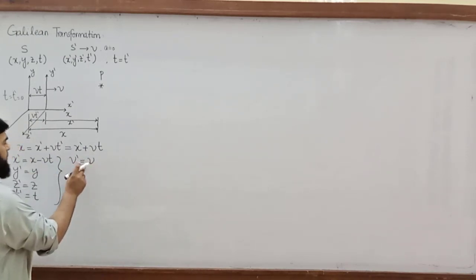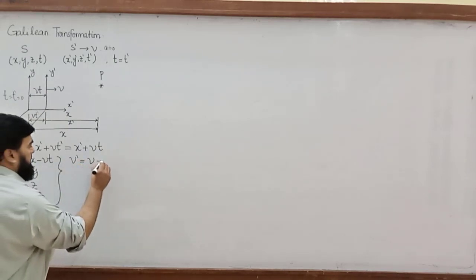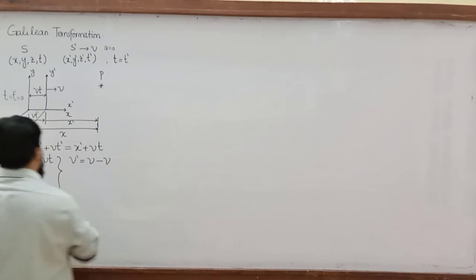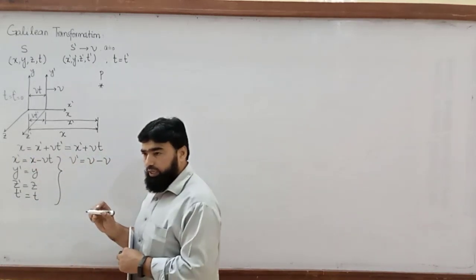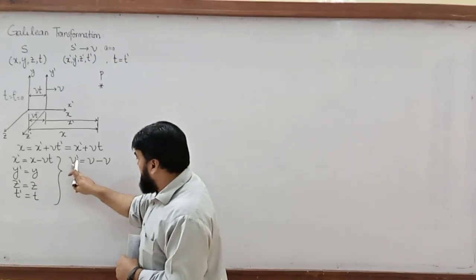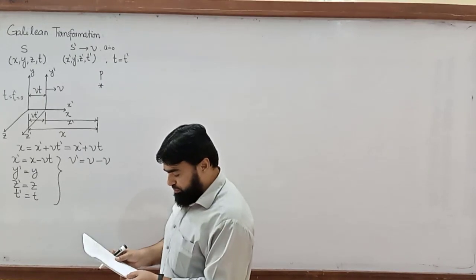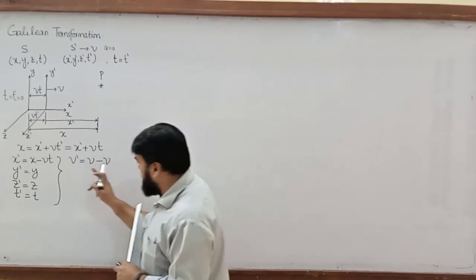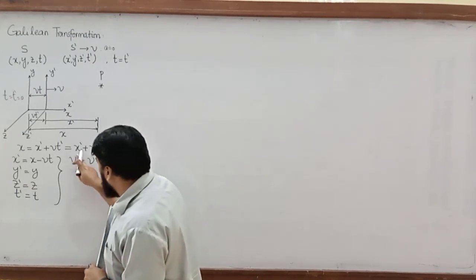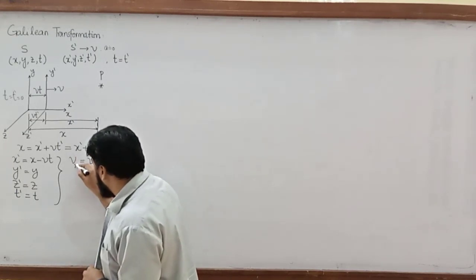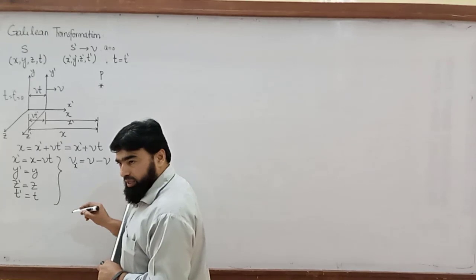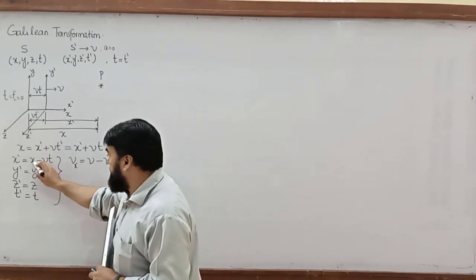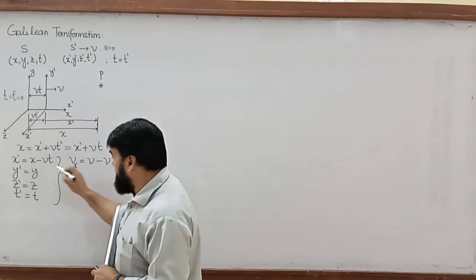It will be v minus, it will be v, right? But we should differentiate between this one and this one. Let's say we write this vx prime and we write this one as v, because this is the differentiation.